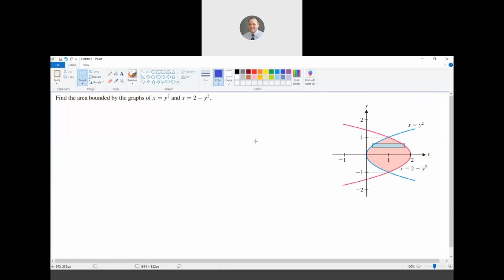All right, if your curves or functions are in terms of x equal to some function of y, to find the area between the two curves, you're still using kind of the same area formula, but instead of top curve minus bottom curve, you are taking the rightmost curve minus the leftmost curve.